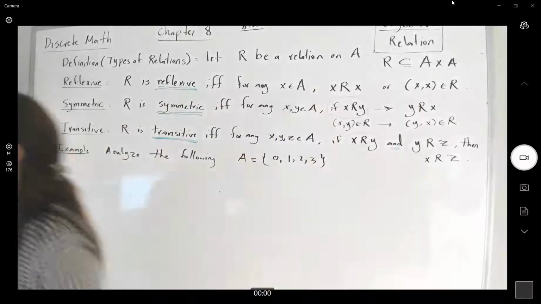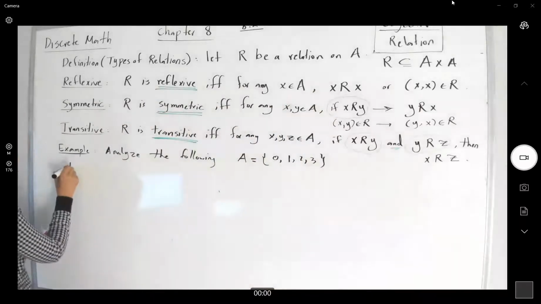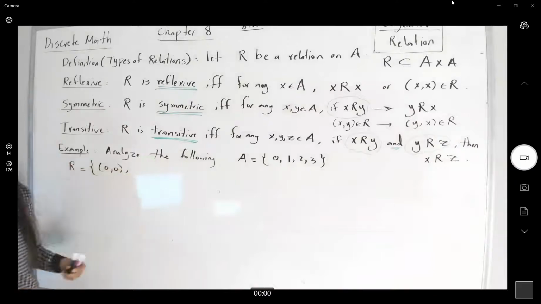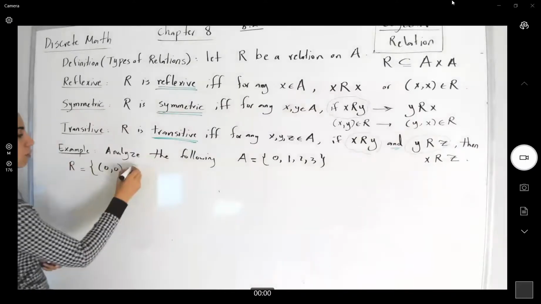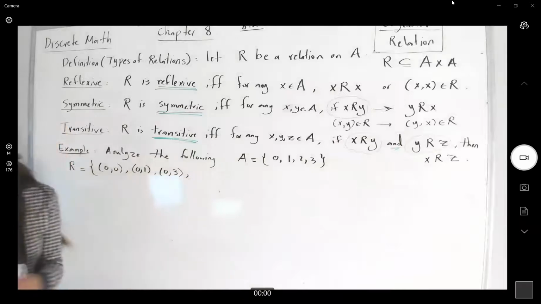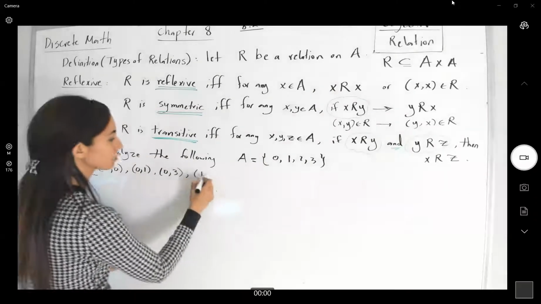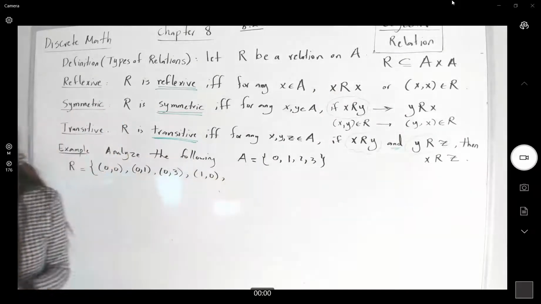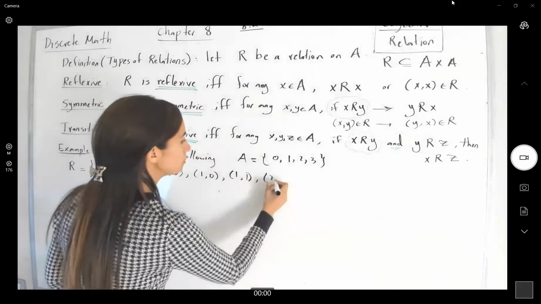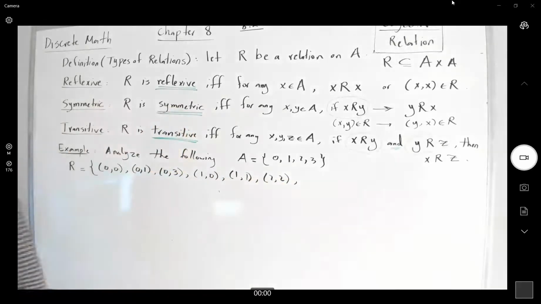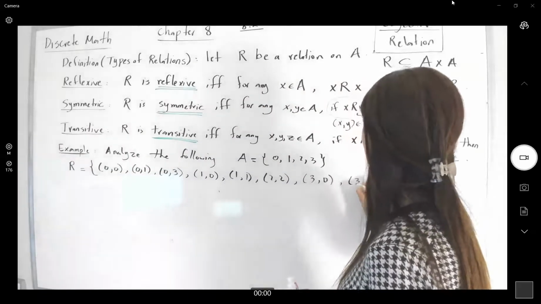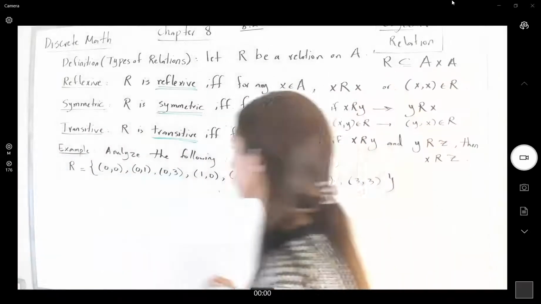Well, relation R is defined as the collection of (0,0), (0,1), (0,3), (1,0), (1,1), (2,2), (3,0), (3,3). This is your first relation.